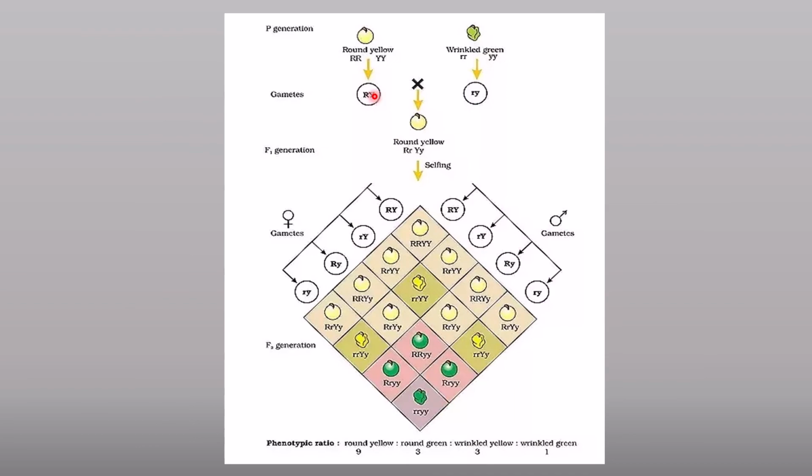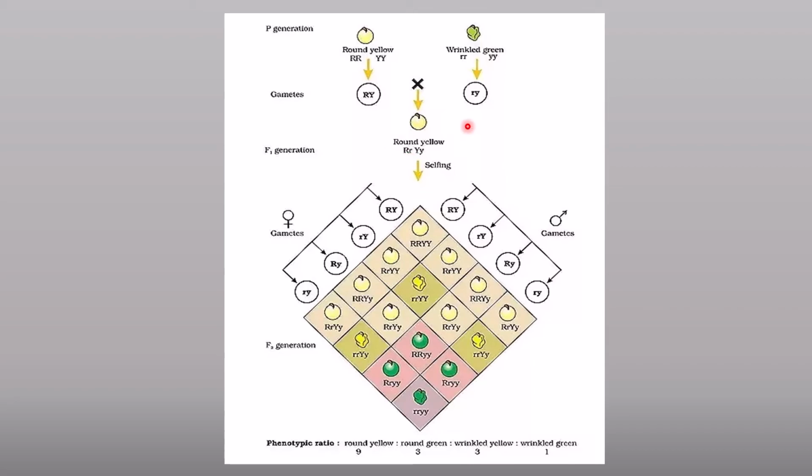As I said, the parents were homozygous round and yellow and homozygous wrinkled green, that is, both were pure lines, and the gametes were produced. The F1 generation had round and yellow seeds of double heterozygous condition, which indicates that round is the dominant character and yellow is the dominant character over wrinkled and green respectively.